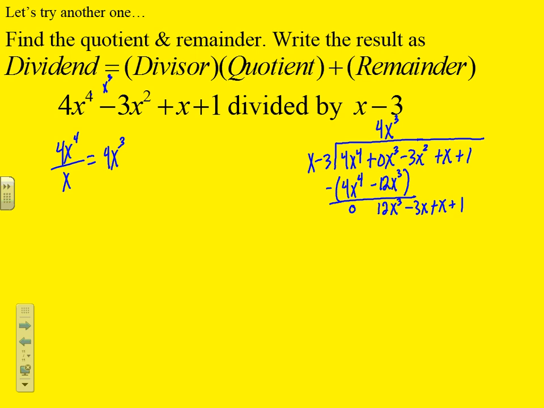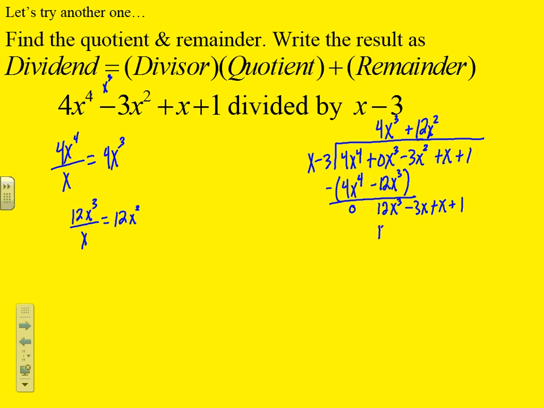And go through your rinse and repeat cycle. So the new leading term is 12x cubed. Divide that by x, and that's going to give me 12x squared. So we're going to say plus 12x squared here. Multiply through to the divisor, and see what you get.